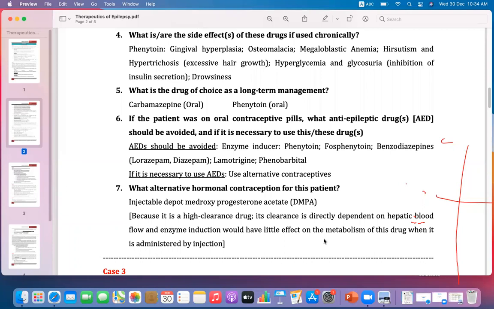So what is the logic? We can say that the injectable contraceptive may have less drug-drug interaction when it is given with oral enzyme-inducer anti-epileptic drugs.